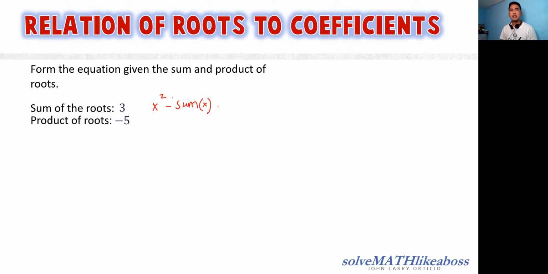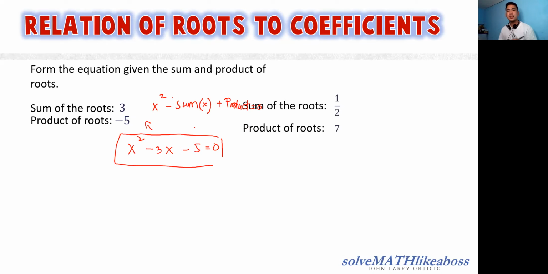Tapos yung x plus the product equals 0. So, from this given, sum is 3, makakakuha natin yung equation as x squared minus 3x minus 5 is equal to 0. So, this is the general form of this equation. So, ganun lang siya ka-simple.